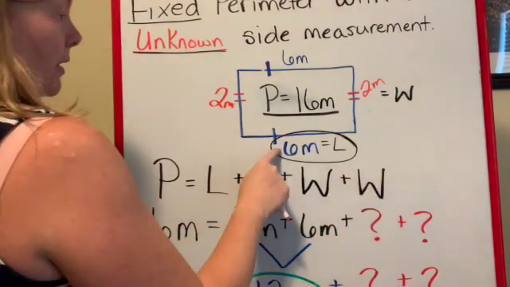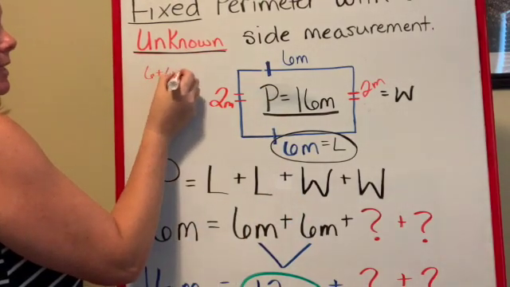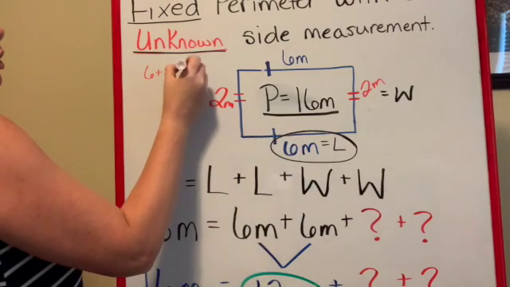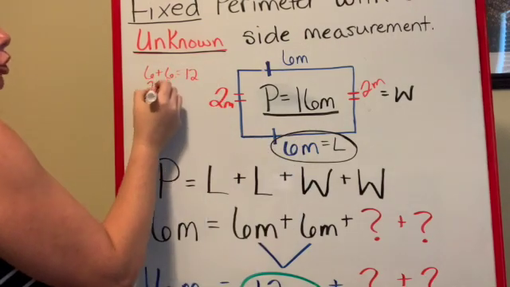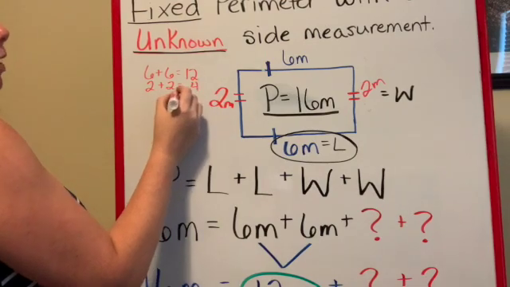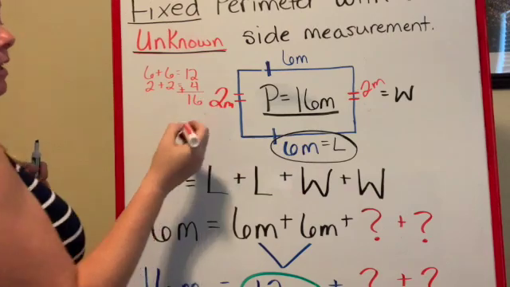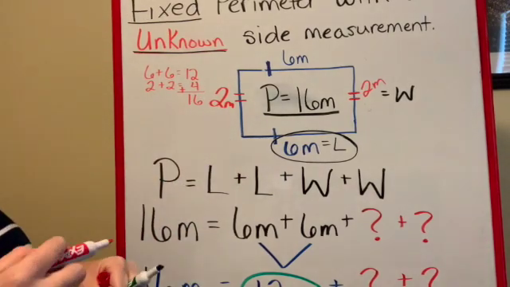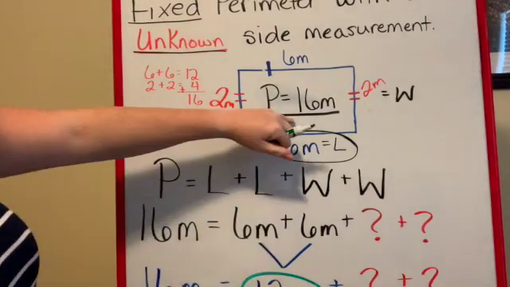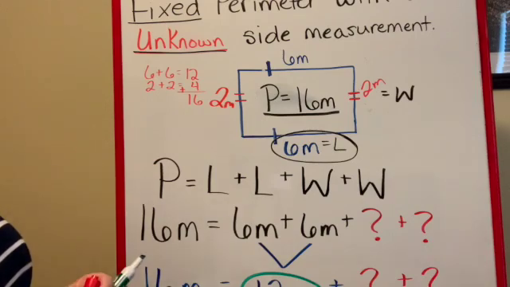Let's see. 6 plus 6 is 12. 2 plus 2 is 4. 12 plus 4 is 16. Did it work? Did that give us a perimeter of 16? Yes, it did. So that means we are correct.